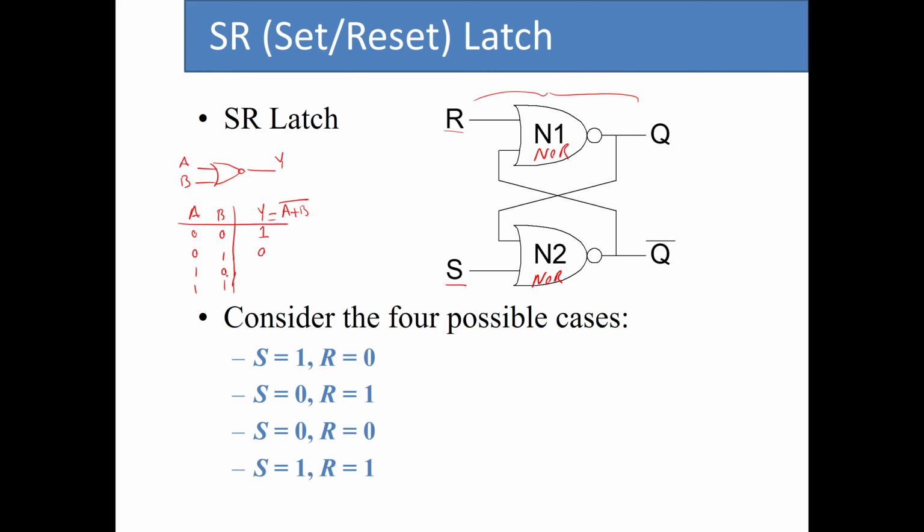When A is 1 and B is 0, the same thing happens, so the output is 0. And finally, for both A and B being 1, we have A OR B being 1, which makes its complement 0. So we have 0 here. This is the truth table of a two input NOR gate.